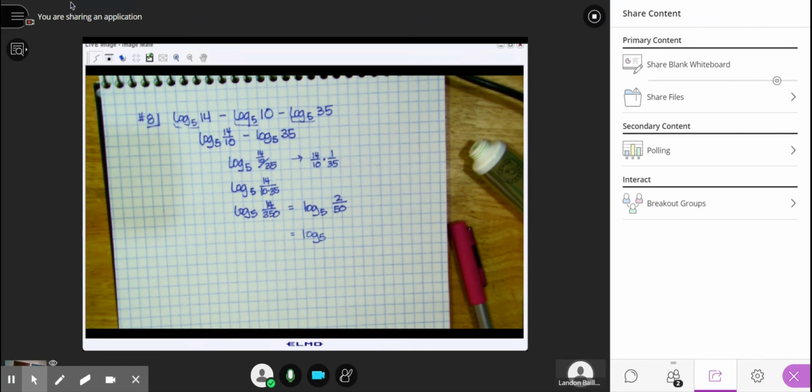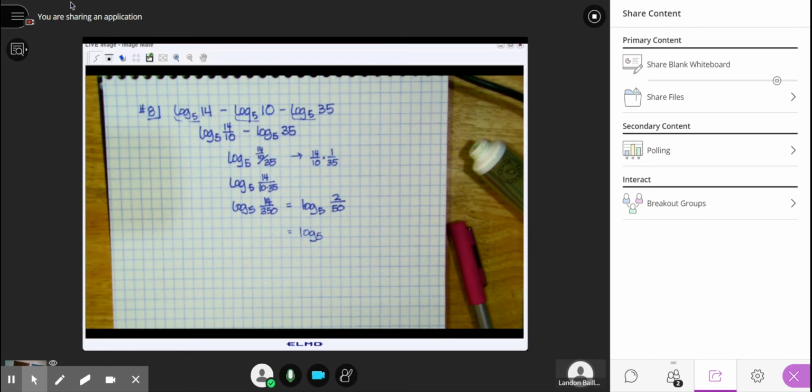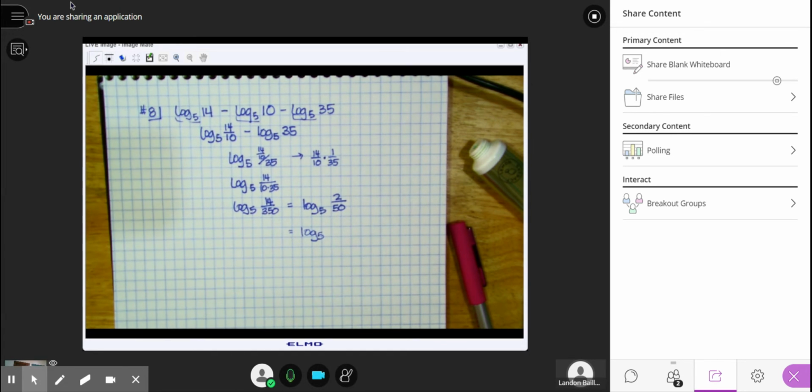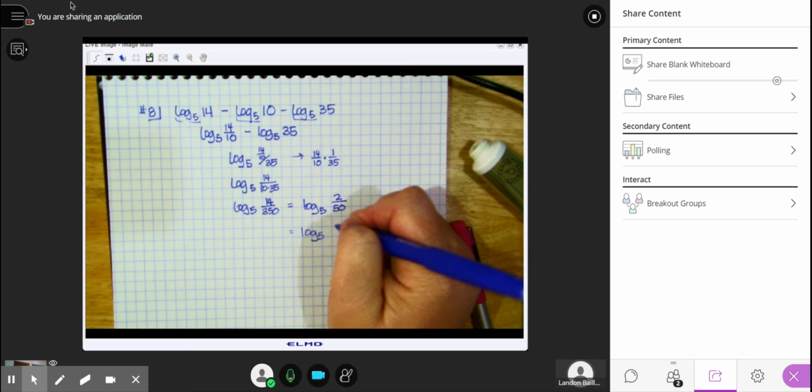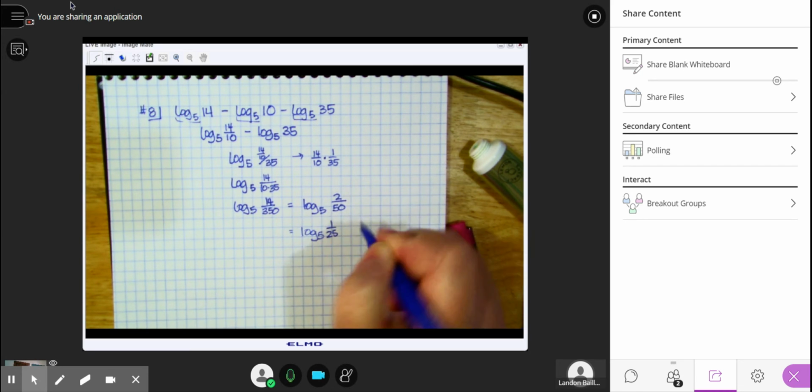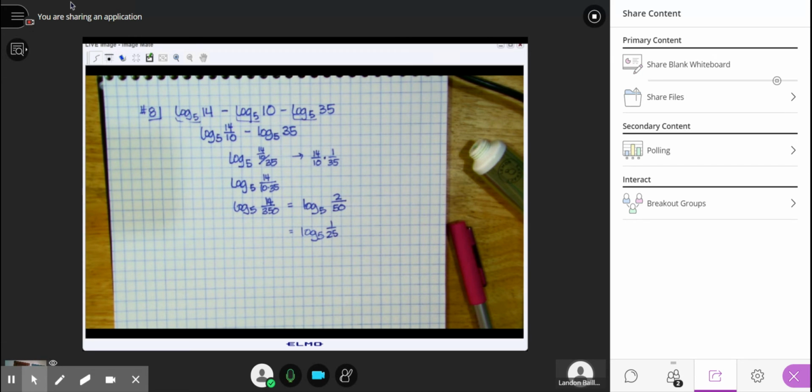Well, technically, no. Again, in the real world we would probably just do that. But let's see. That would be 7 over 5. No, that's a 2. That'd be 350. 350 divided by 7. Let me double check my math here. 14 over 350. Ah, I'm being an idiot. 2 over 50 reduces more.